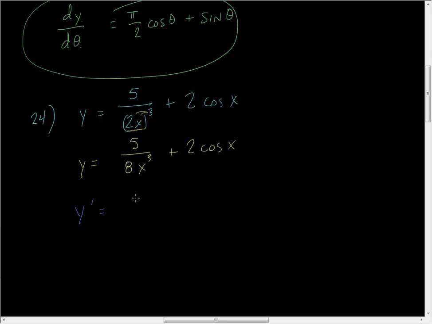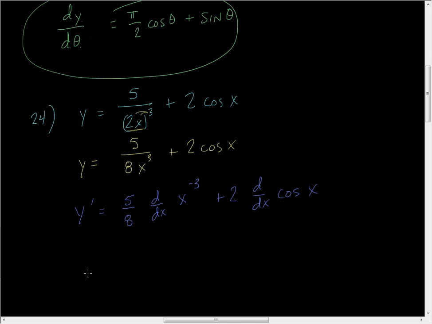5/8 times the derivative with respect to x of x to the negative 3. Remember, we've got to get that x back up on top. Plus 2 times the derivative of cosine x.